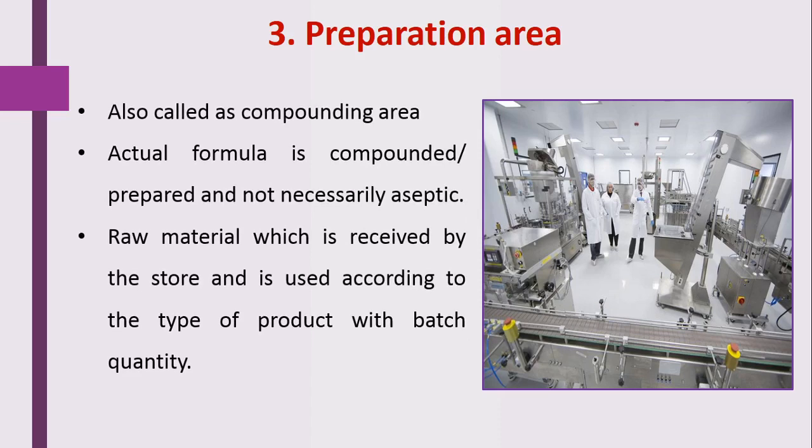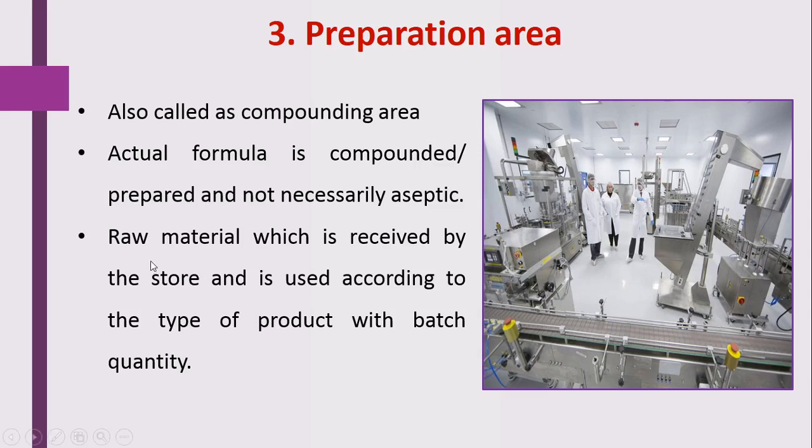We'll see here the third area, that is the preparation area. You can see in this picture the preparation or compounding of the formula is done. This preparation area is also called the compounding area. Here the formula is compounded and prepared, and this area is not necessarily aseptic.